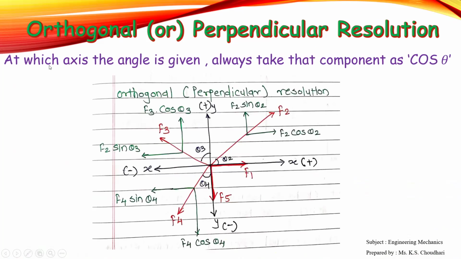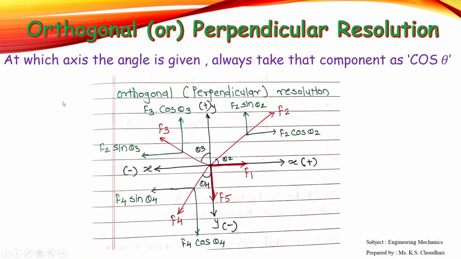Now, this is the most important point: at whichever axis the angle is given, always take that component as cos theta. I will read the statement again and tell you what exactly happens. At which axis the angle is given, always take that component as cos theta.